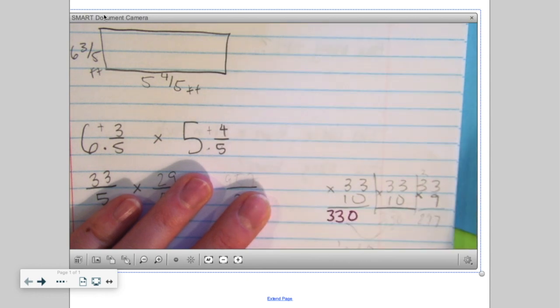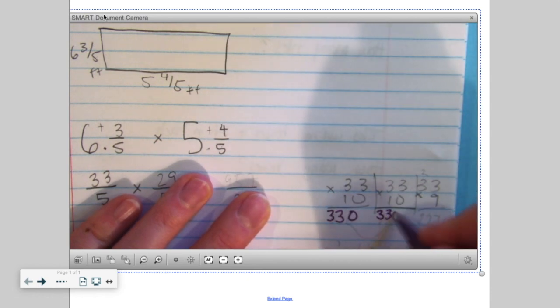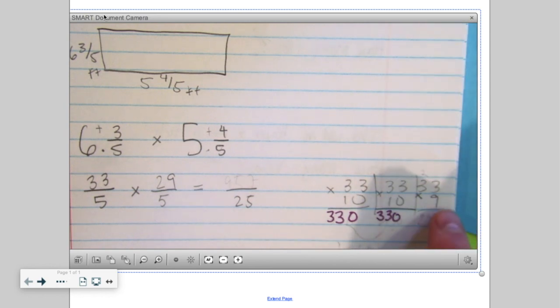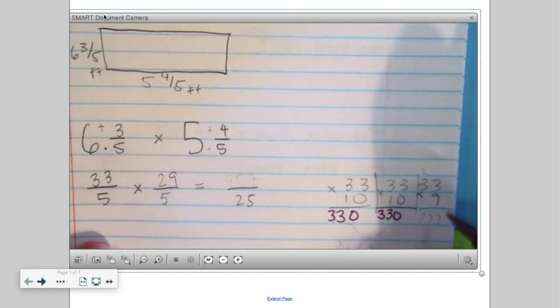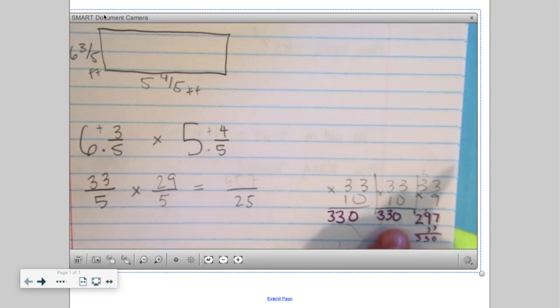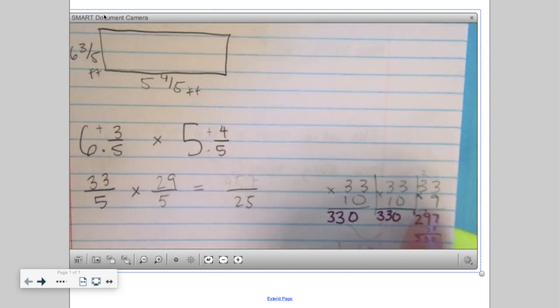So that's 330, 330, and then for 33 times 9, I could just subtract a group of 33 from 330. So if I subtracted a group of 33 from 330, I would get 297, or I can just multiply it out using the algorithm.